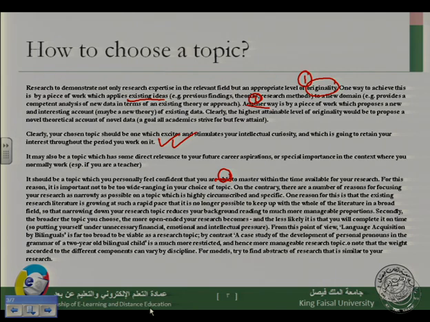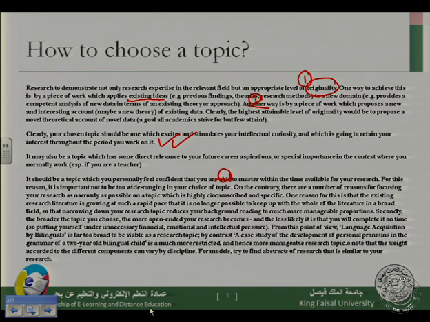You should be able to master your research within the time. Let's say that next semester you are required to produce a research within 2 or 3 months. You need to choose a topic that's doable within 2 or 3 months. Do not choose a very wide topic that cannot be done in 2 or 3 years. So this is very important.